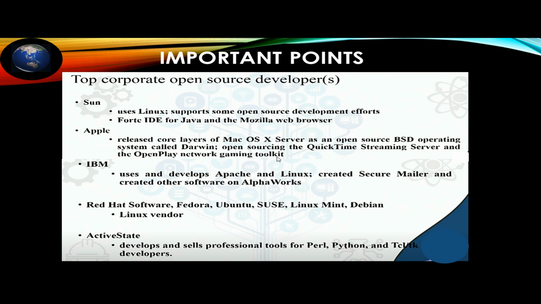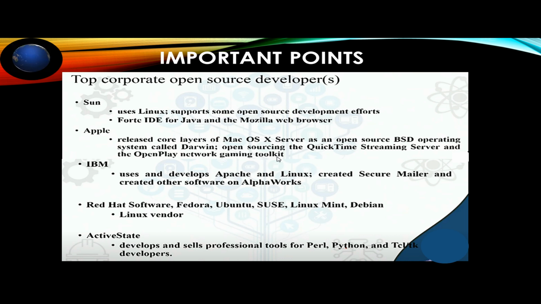The important points, as sir has discussed, I have taken from sir's slides only. There are a number of top corporate open source developers who freely give their platforms to work with, and they advance them year and month wise. Sun is also one of the Linux based open source software.